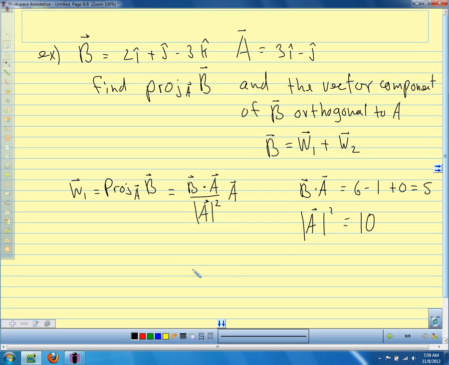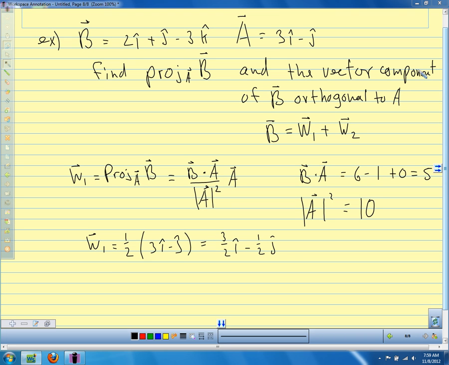So W1, plugging our quantities in there, is going to be 1/2 times A, which is 3i minus j. So we just get 3/2 i minus 1/2 j. That would be the vector component of B that's parallel to A.